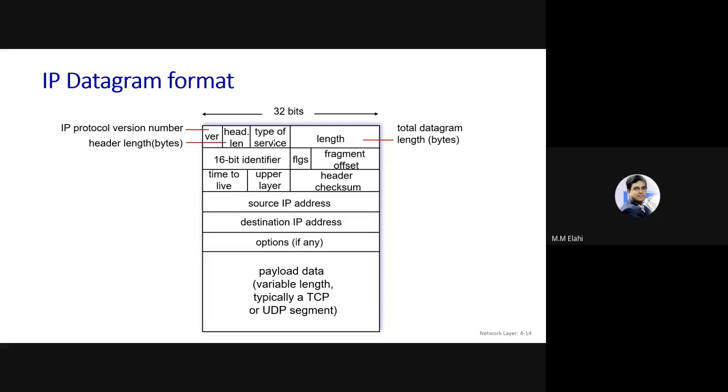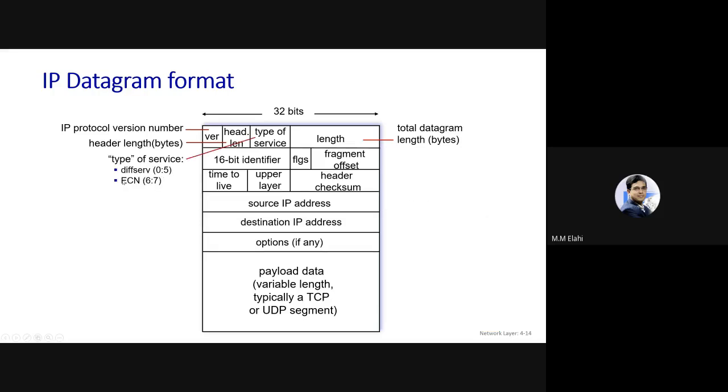Length is the total length of the packet including header and data. The maximum length of a packet can be 64 kilobytes, but it can be 1500 bytes or less also.